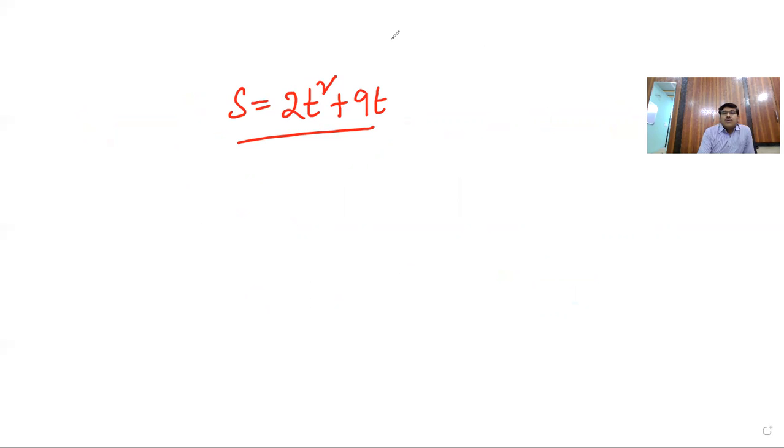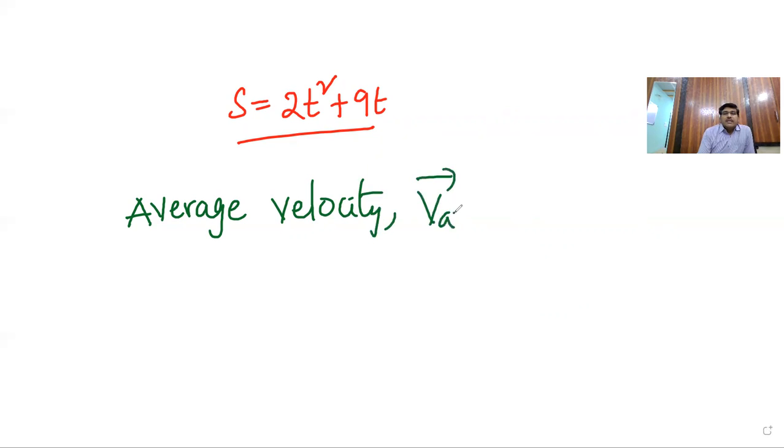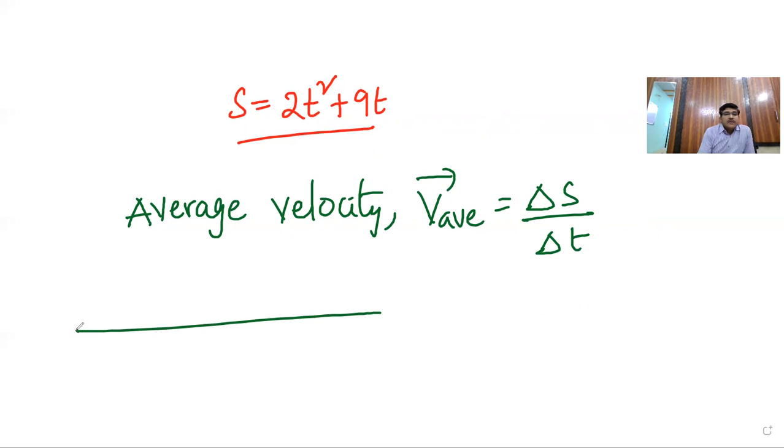Now, what is the average velocity formula? Average velocity is change in displacement by change in time. Change in displacement from where to where? If I draw a line here, this is the path of movement.